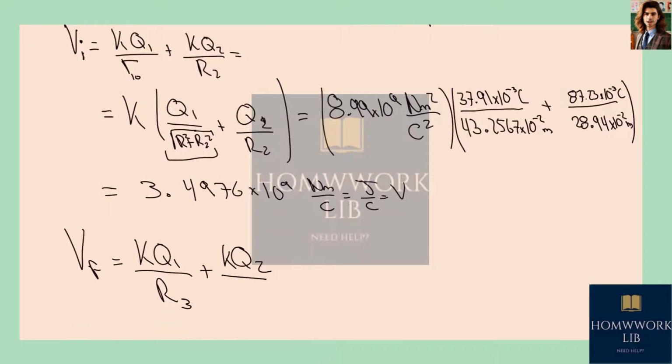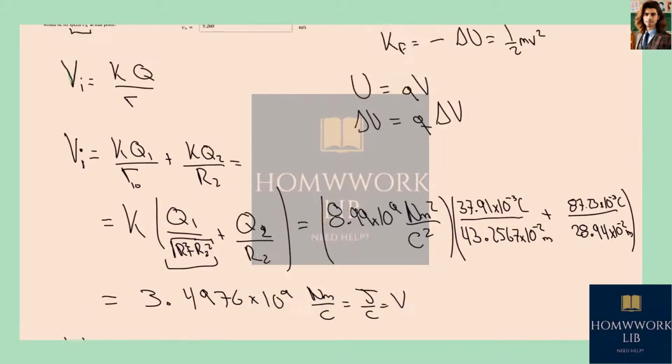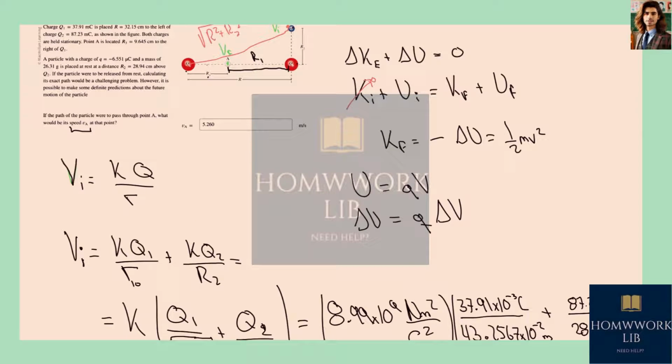That would be R1. Remember that R1 is nothing but R minus R3, so this would be 13.15 minus 9.645, which is 22.505 centimeters.